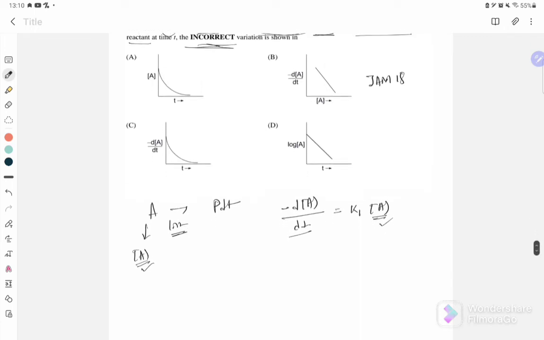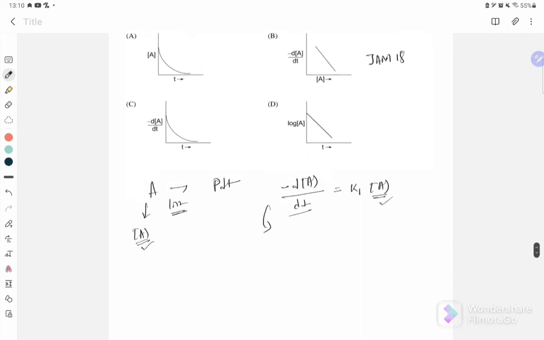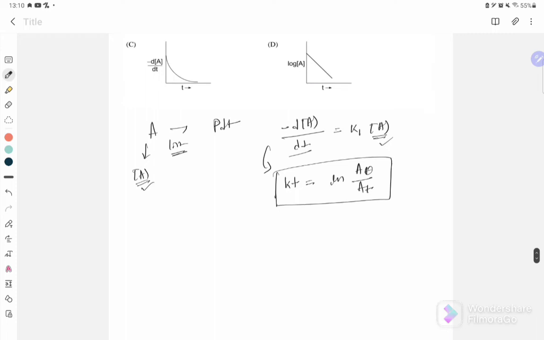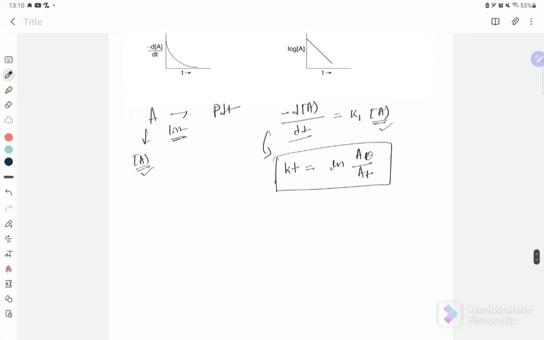Okay, so if we derive from this, our final result will be kt equals ln of A0 by At. This will be our equation. Ln or log is interrelated.